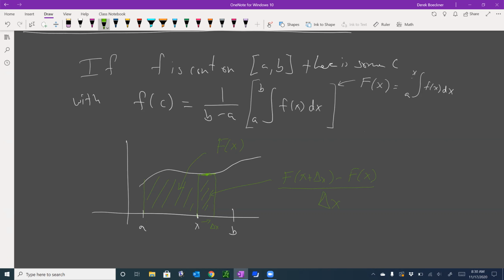Is that green hard to see? So that's the average value of the rectangle, which is basically the height of the rectangle.